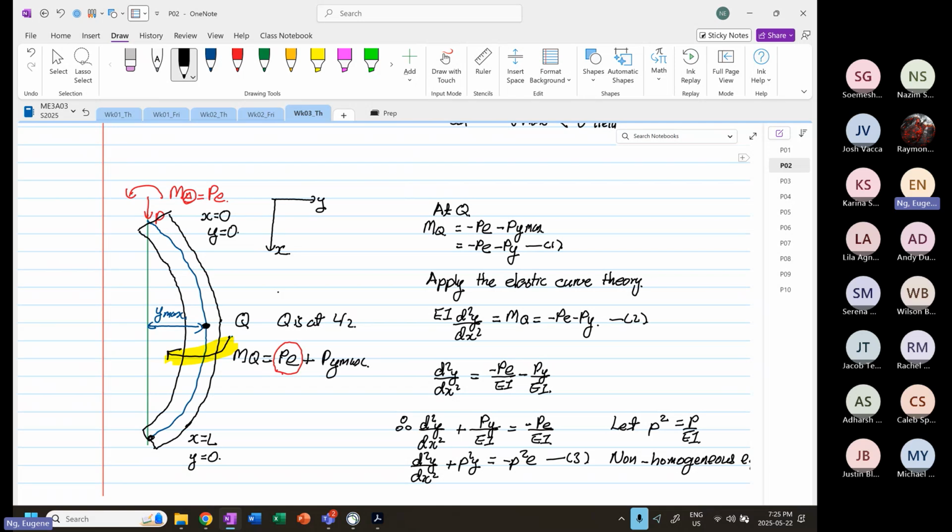So this case simulates that both ends are pinned. Why do I say both ends are pinned? Because over here the theta is not equal to 0, likewise over here the theta is not equal to 0. So when that's the case, both ends are pinned.